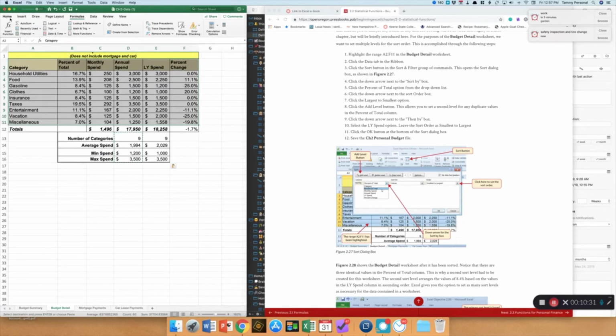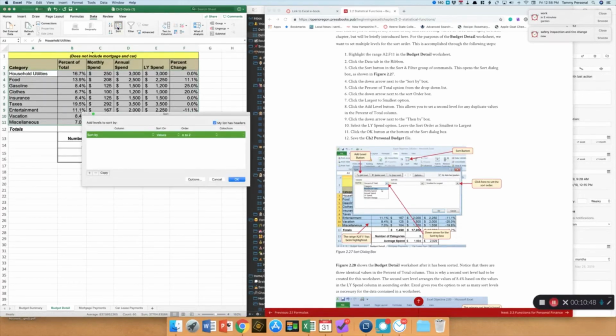So when you have done that, you can go to the Data tab up here, and you can sort. And you can choose this detailed menu button.